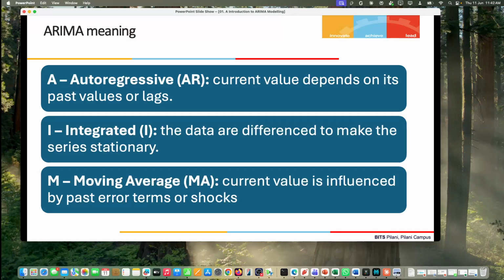So autoregressive: the current value depends upon its past values or past lags. Integrated means the data are differenced to make the series stationary. Moving average: the current value is influenced by the past error terms or shocks.